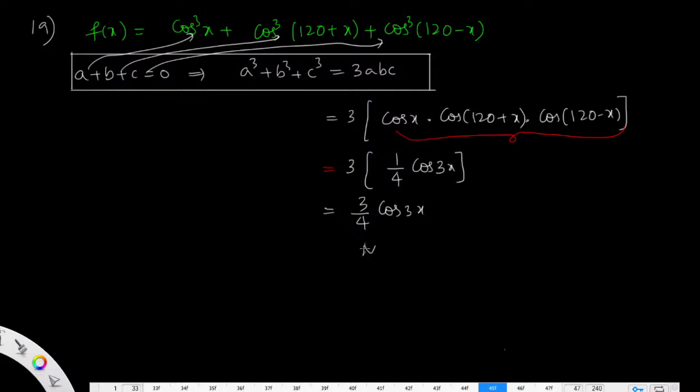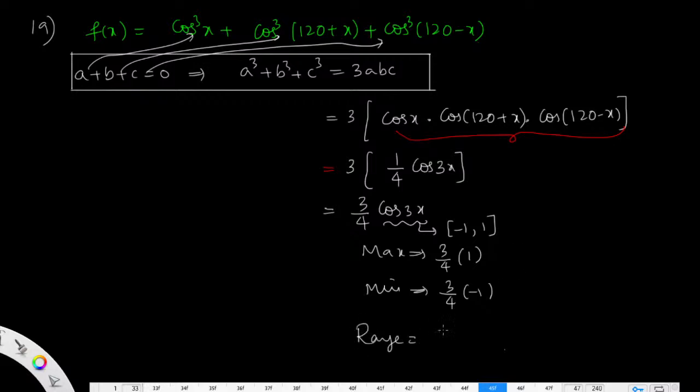Cos 3x always belongs to the interval minus 1 comma 1. So the maximum value is 3 by 4 into 1, and the minimum value is 3 by 4 into minus 1. Therefore the range is minus 3 by 4 comma plus 3 by 4. That's all.